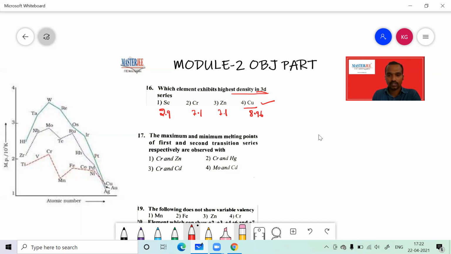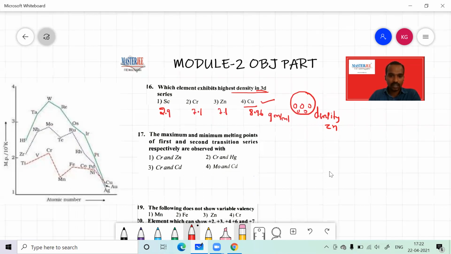Zinc, because of its large volume, has fewer particles, so its density decreases. Scandium 2.9, chromium 7.1, zinc 7.1, and copper 8.96 gram per ml.